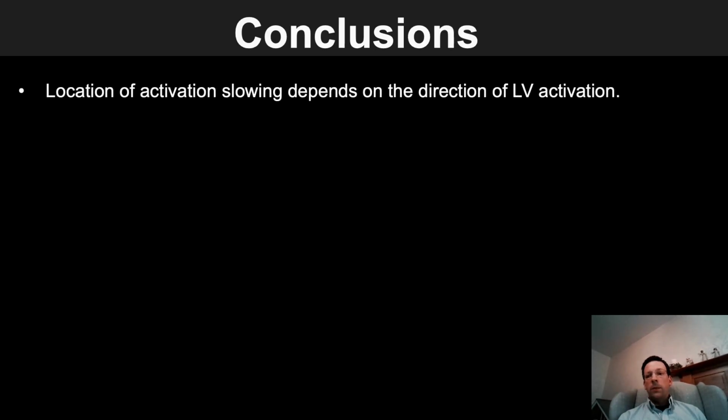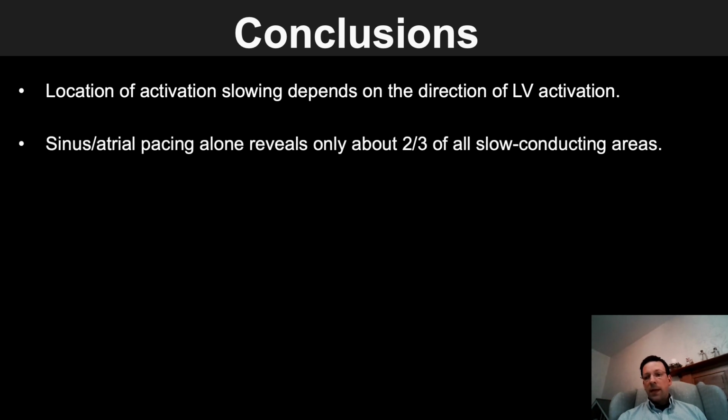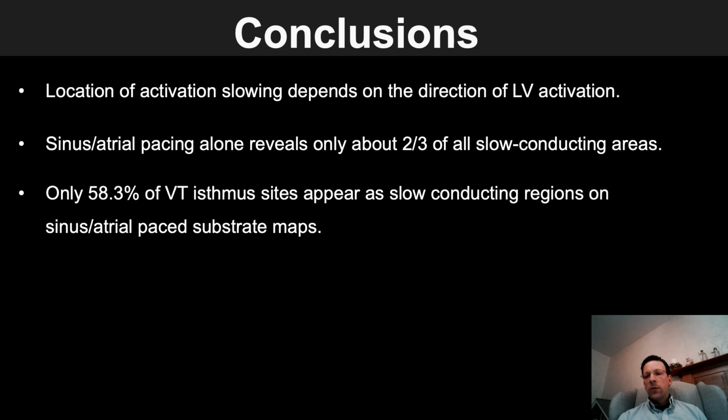In conclusion, we have shown that the location of activation slowing depends on the direction of LV activation. Sinus rhythm and atrial pacing alone reveals only about 2/3 of all slow conducting areas. Also, only about 58.3% of proven VT isthmus sites fall into slow conducting regions identified on sinus rhythm or atrial paced maps.